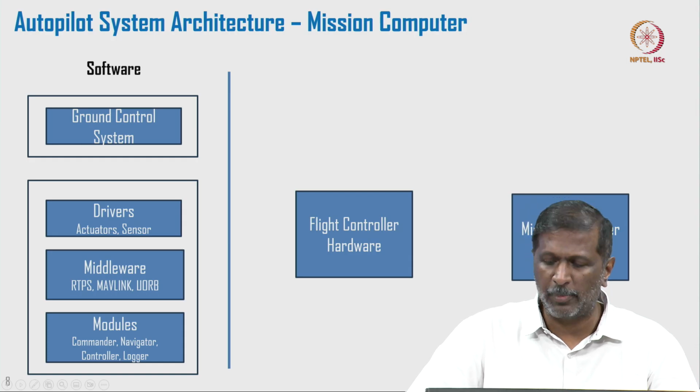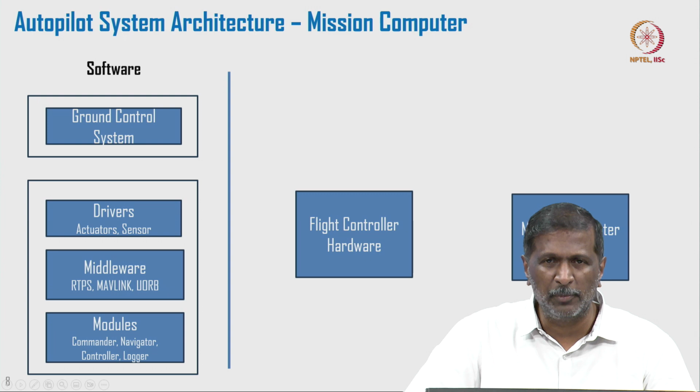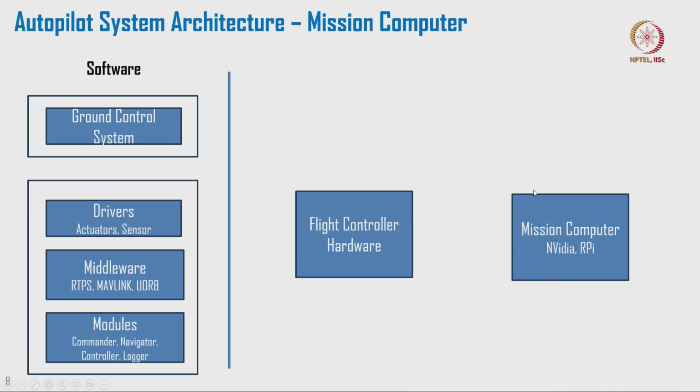It could be your RPi or it could be NVIDIA GPU systems, or it could be your SoC systems. These are going to play an important role. These are like mission computers, right? These mission computers are going to play the decision-making role when you are operating the drones in autonomous mode.